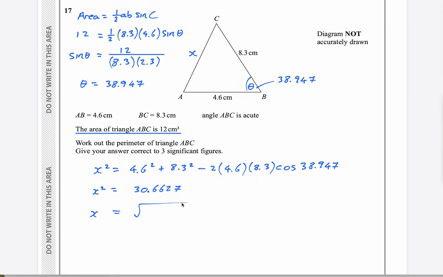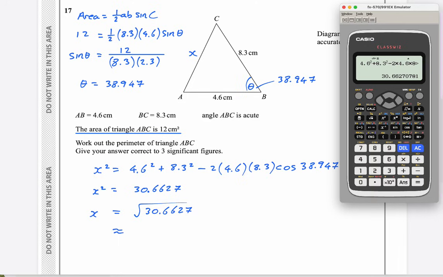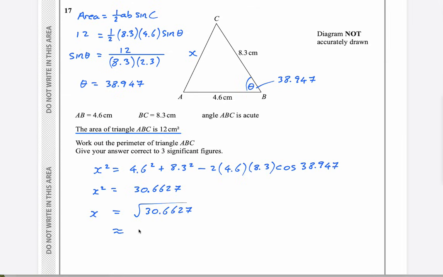So x is the square root of 30.6627, which is approximately equal to, we want three significant figures, 5.54. So this is 5.537.